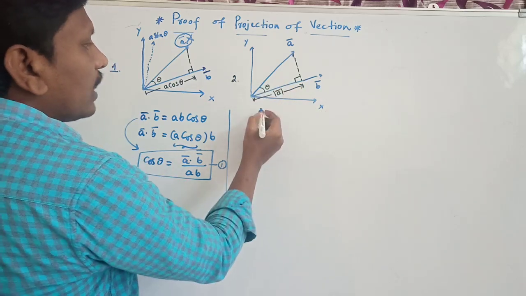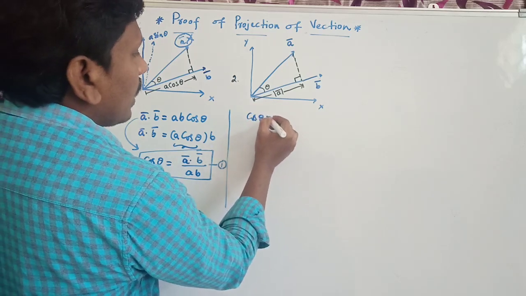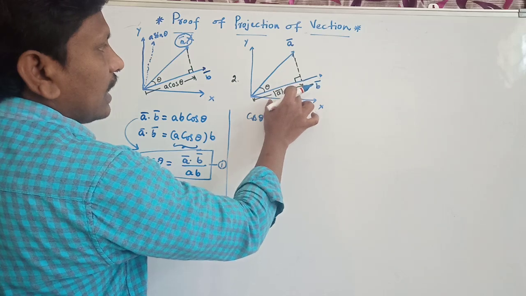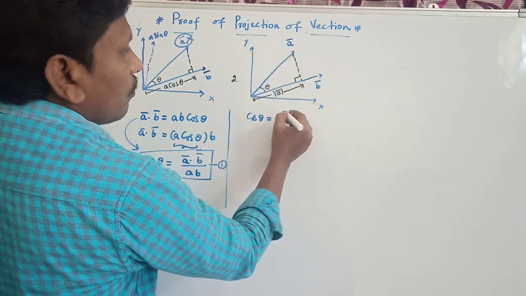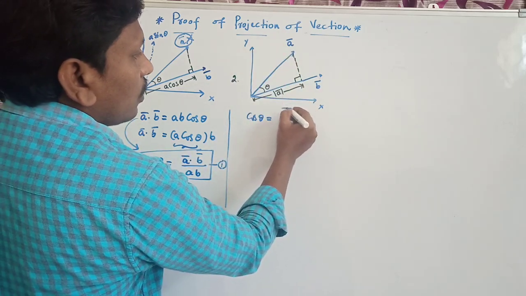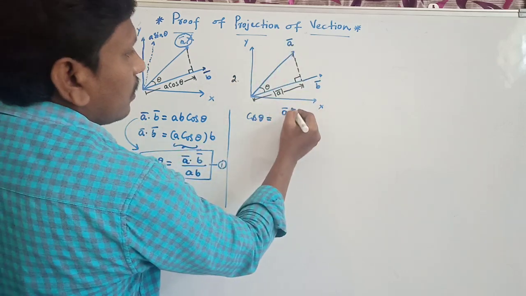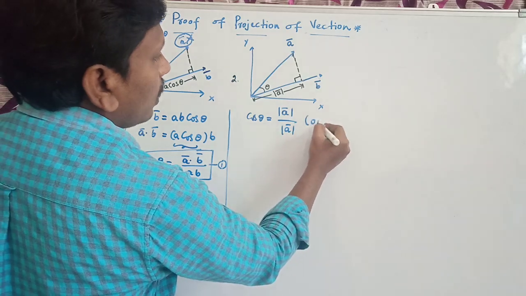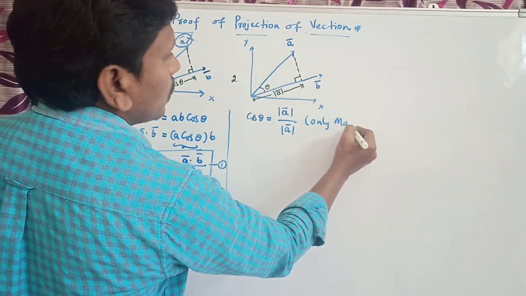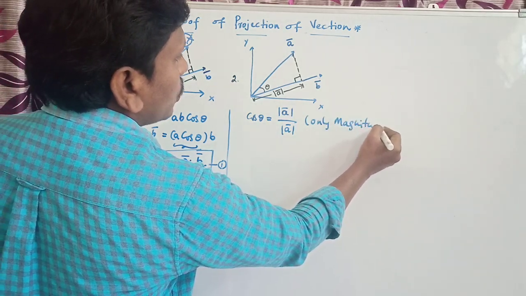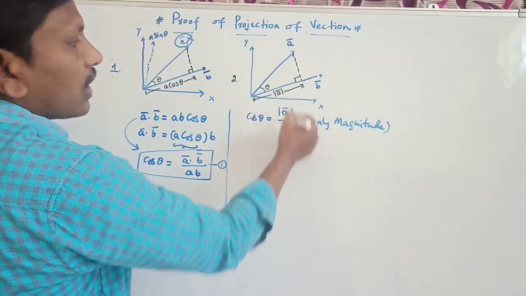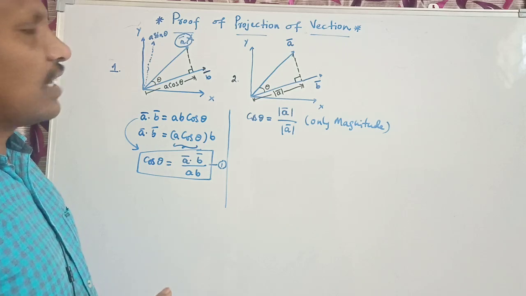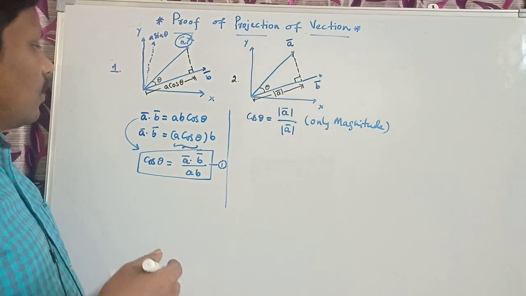If you write cos theta here, this is the opposite side, this is the adjacent side, this is the hypotenuse, so we have to take the magnitude only. We should not cancel it. We are going to prove the projection of the vector.